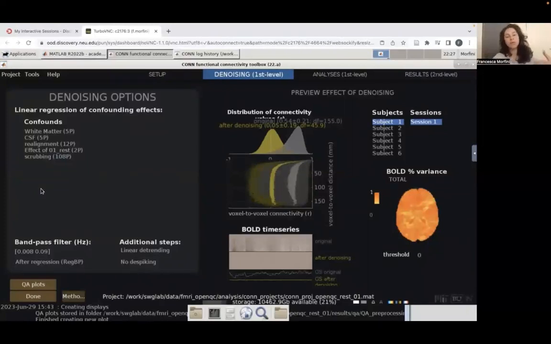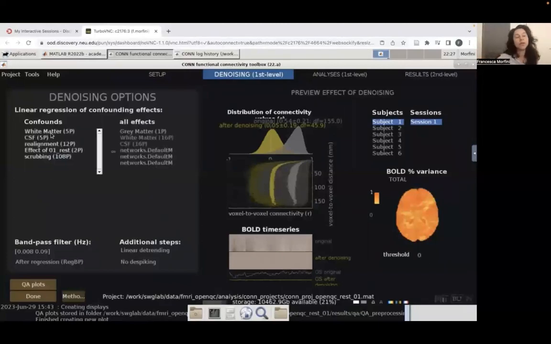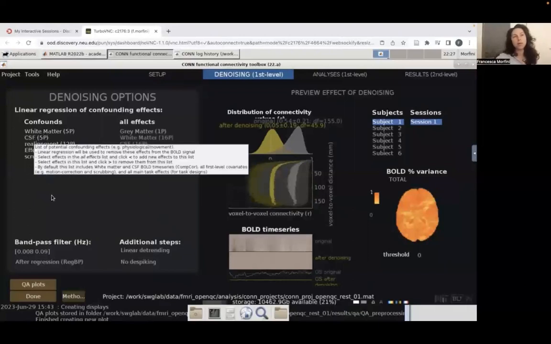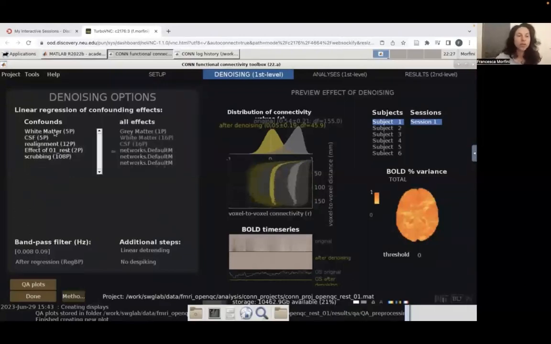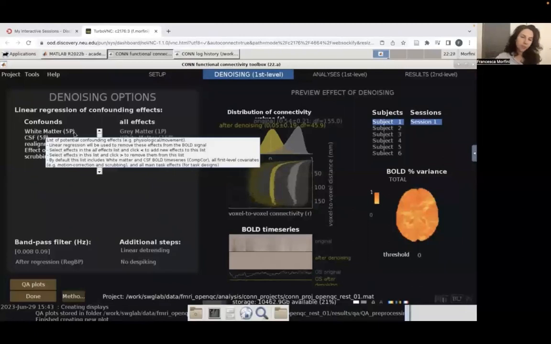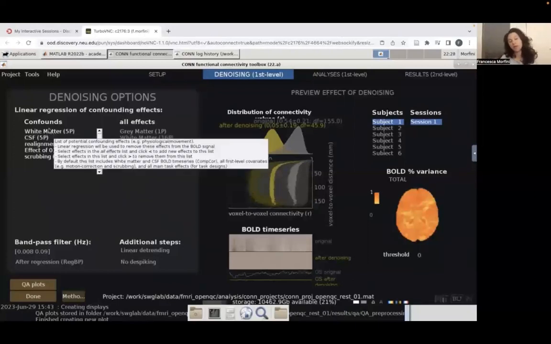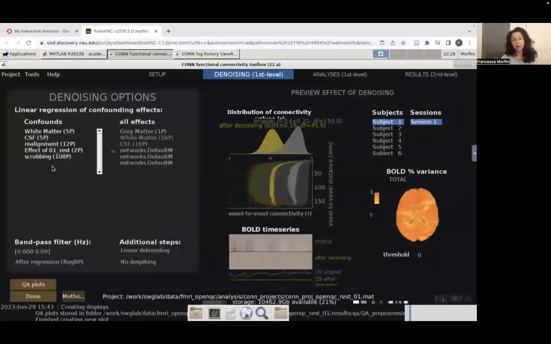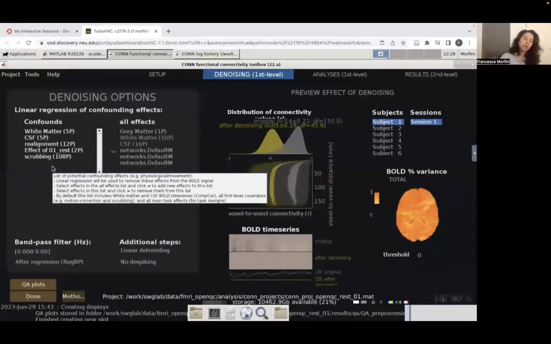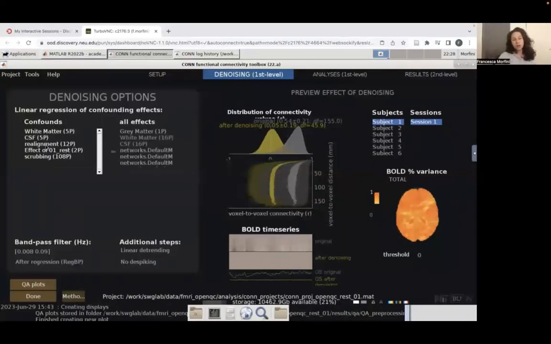the elements that will be regressed out from the functional data time series are listed in this box. In this case, we're following an aCompCor type of denoising approach, in which we're regressing out nuisance factors, or the 5 top principal components extracted from white matter and CSF, which would result from segmentation of the structural data applied to the functional data.